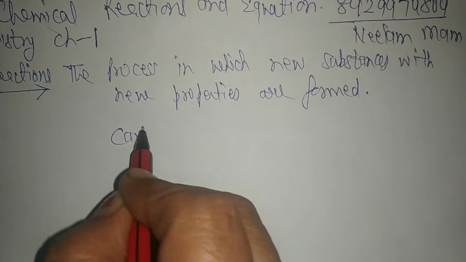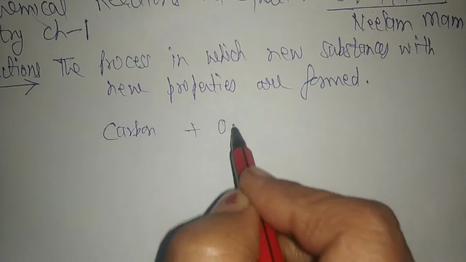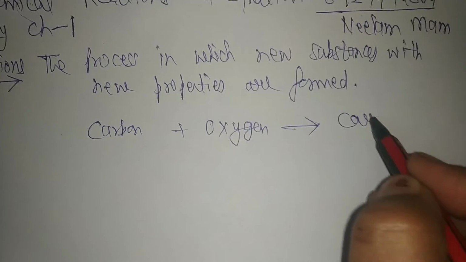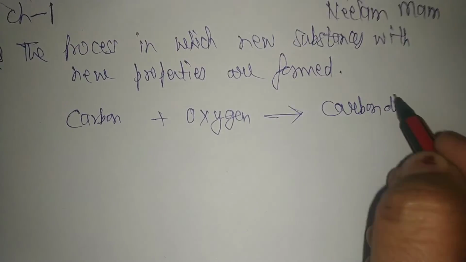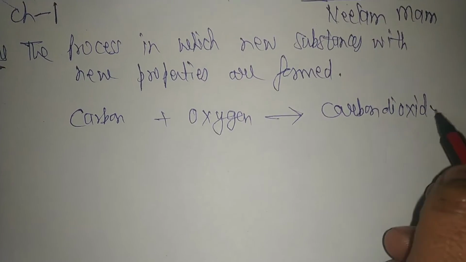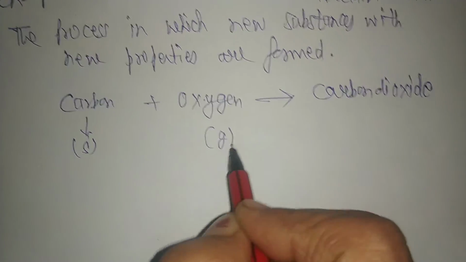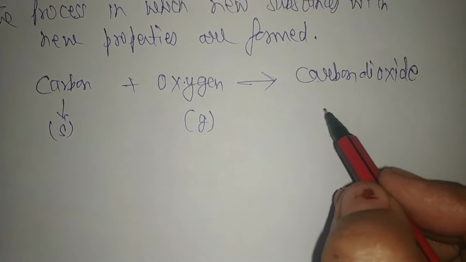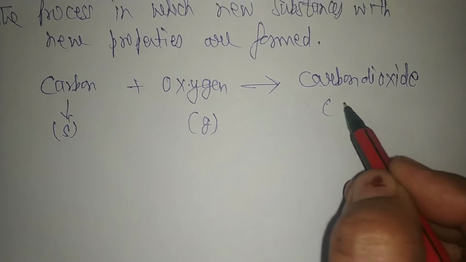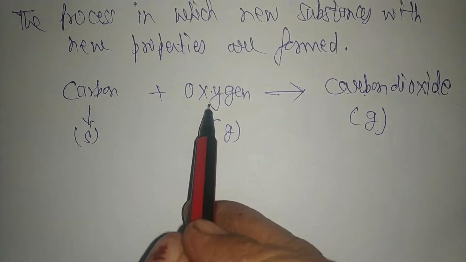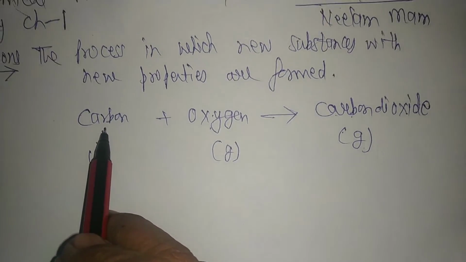Suppose I have carbon plus oxygen, means carbon dioxide. So carbon is solid, oxygen is a gas. Carbon dioxide is again a gas, but its properties are quite different from oxygen and carbon.